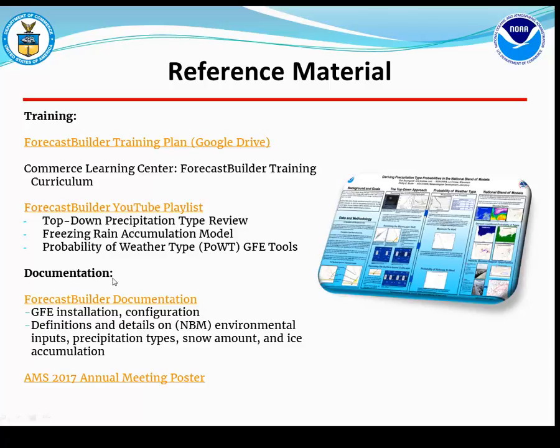And then just detailed documentation on all of the NBM environmental inputs, precipitation types, and how snow and ice accumulation are created can be found in this forecast builder document in appendices A and B. There's also an AMS 2017 annual meeting poster that you can download and take a look at that was presented on this technique.